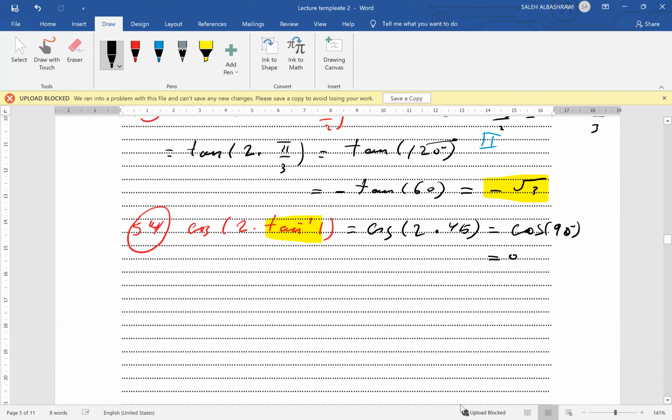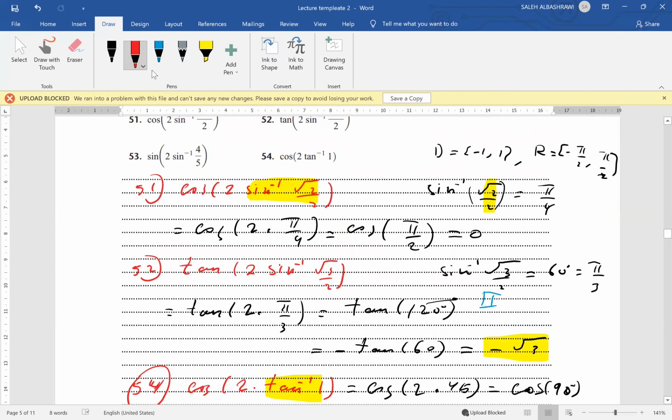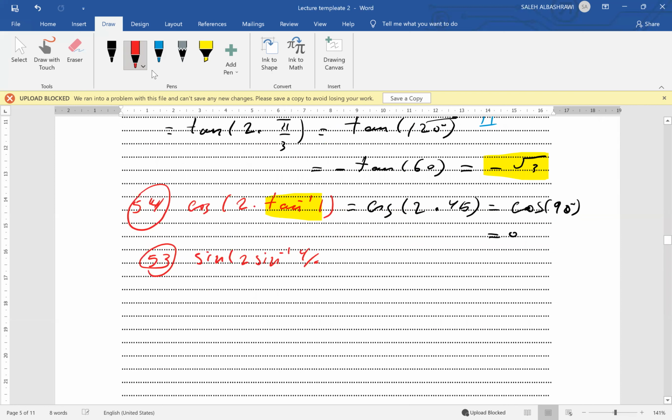To find this, I will say let sine inverse 4 over 5 equal theta.